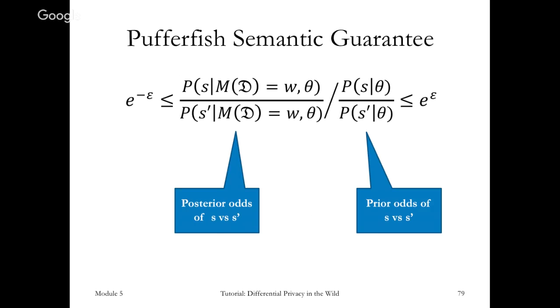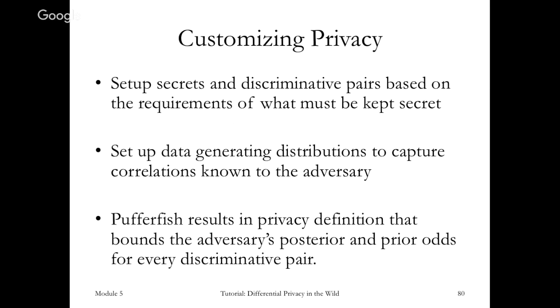No. All right. So what does this allow us to do? This allows us to customize privacy now. You can set up secrets and discriminative pairs based on the requirements of what must be kept secret. So if you have a graph data set and the goal is that you should not be able to learn something about an edge, then your secrets can be about edges.